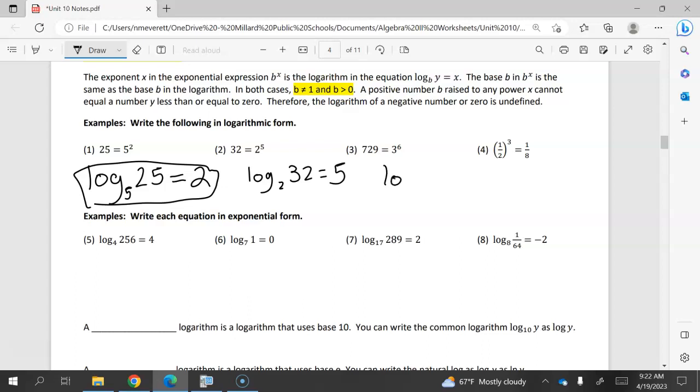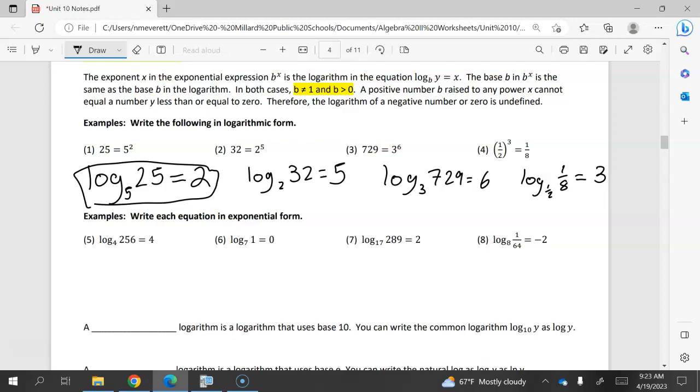This one right here, log base 3 of 729 is equal to 6. And we could still even do it with fractions. Log base 1/2 of 1/8 is equal to 3, okay?